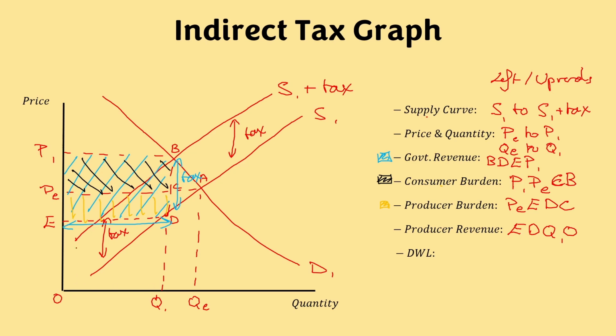And so that's why the producer revenue decreases to this box here.